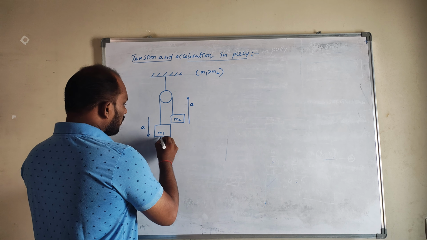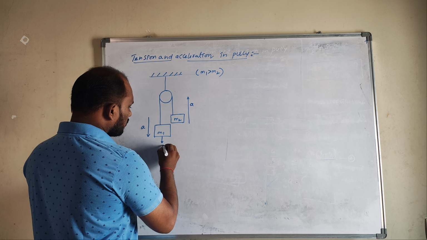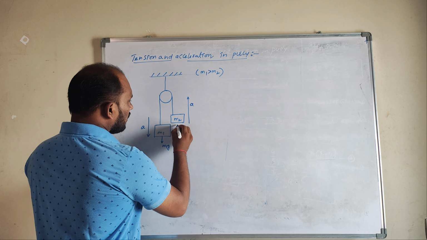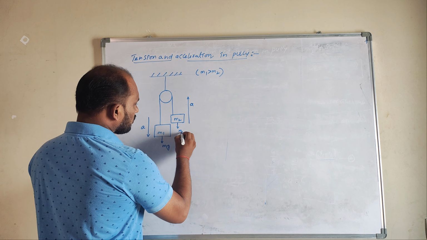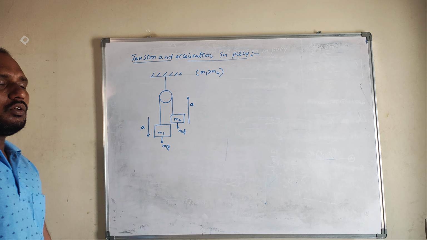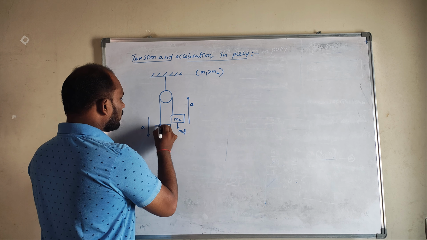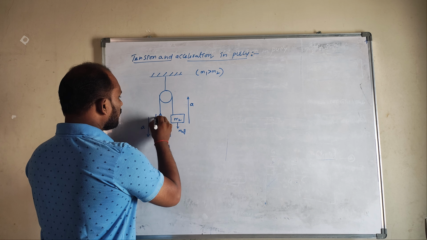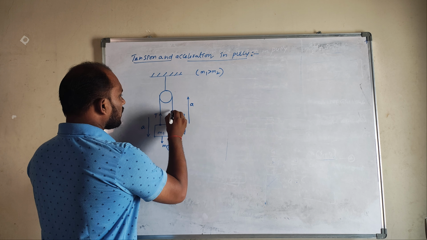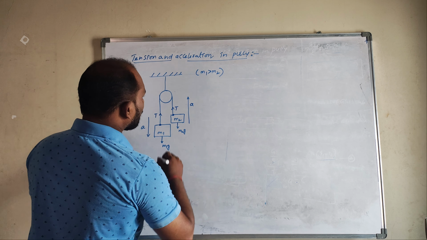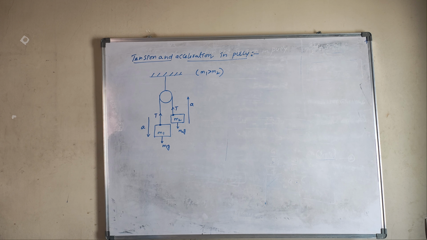Now I want to find the downward force. What forces are acting here? M1G and M2G act on the blocks. Now I take a fixed point here, with tension T acting here, and another fixed point with T acting here.